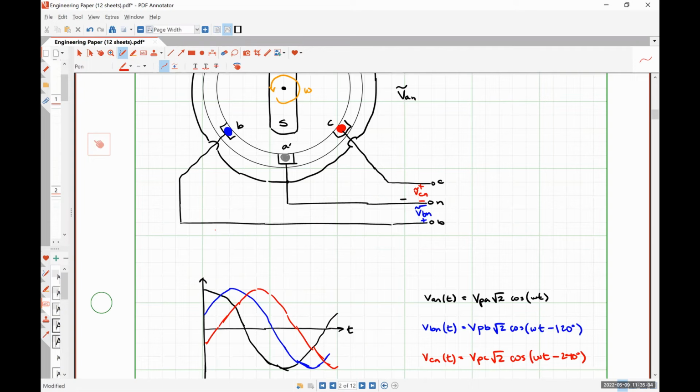The only way to unbalance a source would be to literally manufacture the coil incorrectly or physically place the coils not 120 degrees apart. Okay. So for all intents and purposes, we are always going to have a balanced source in our system. Okay.